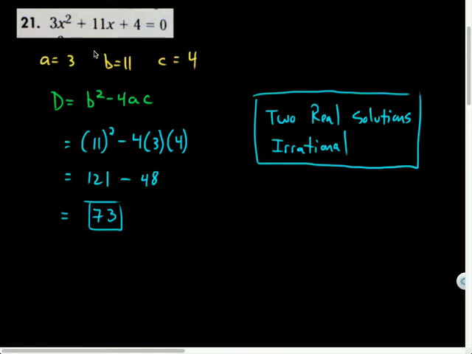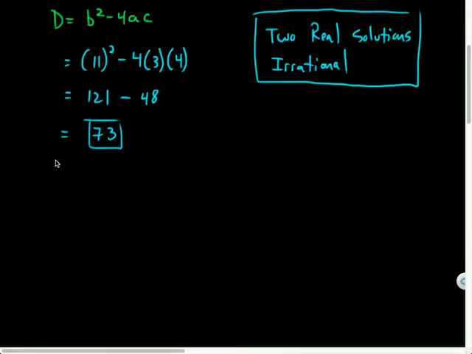Now we actually are asked to solve this. And we were to solve using the quadratic formula, which was x equals the opposite of b plus or minus the square root of b squared minus 4ac all over 2a.